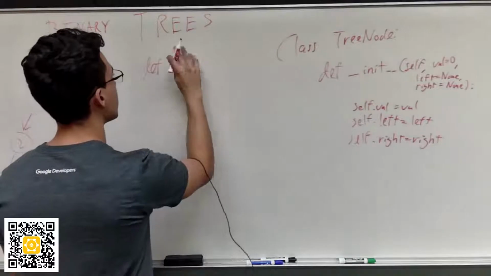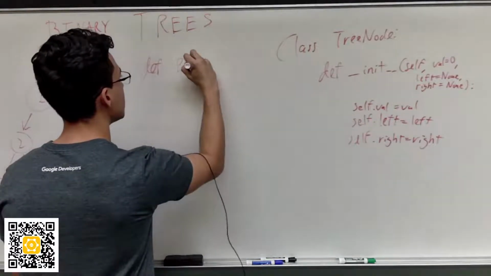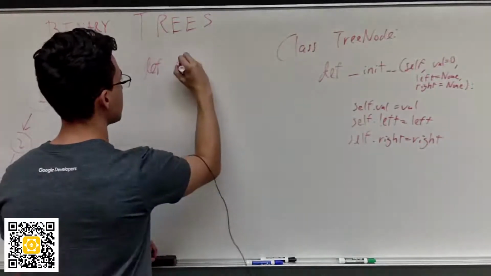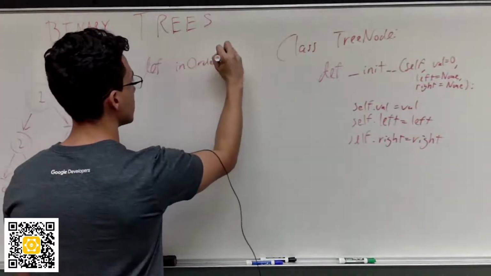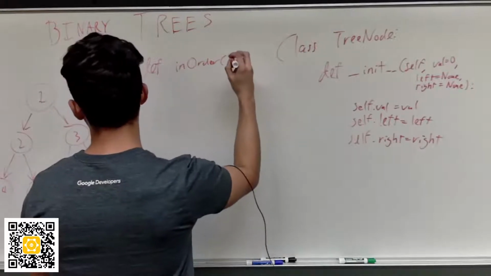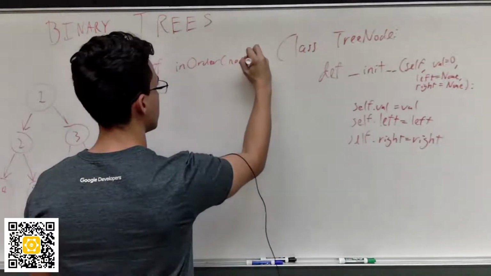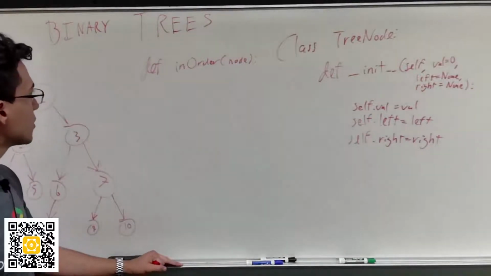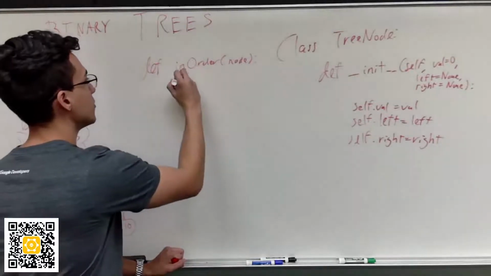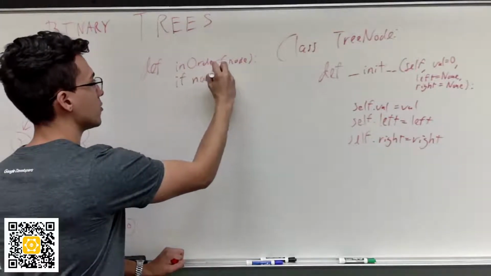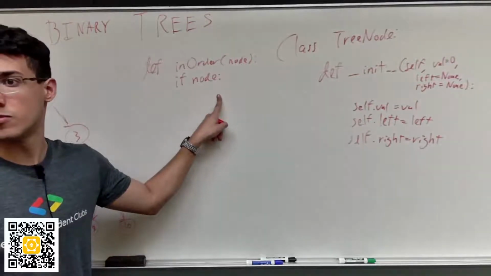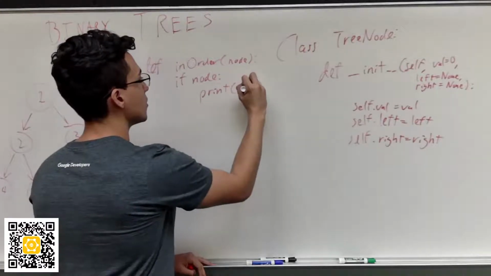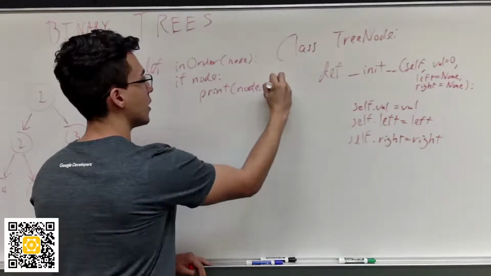So the first one, well, I'll do in order first. So there's in order, and in order takes in a node, so I'm just going to call it node, right? So what does in order do? It checks that the node exists, right? If the node is not none, then we could say print node.val.